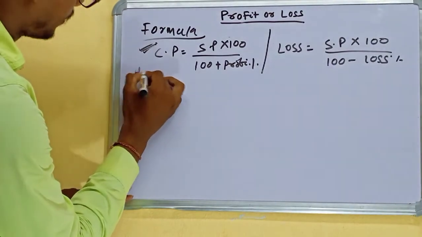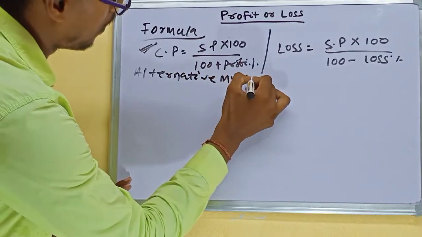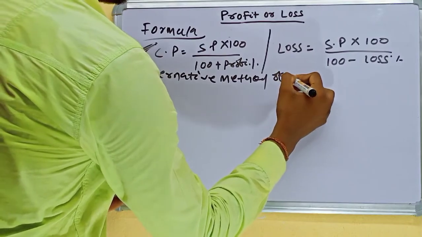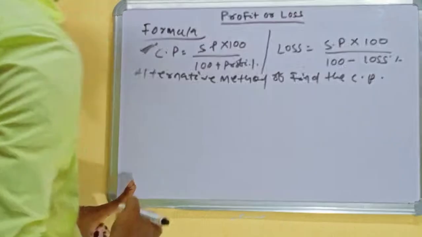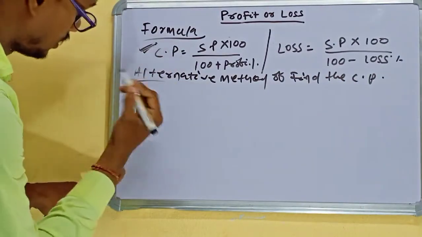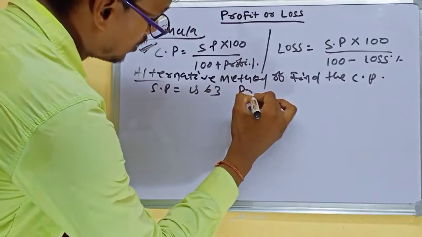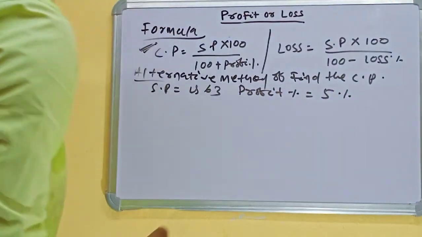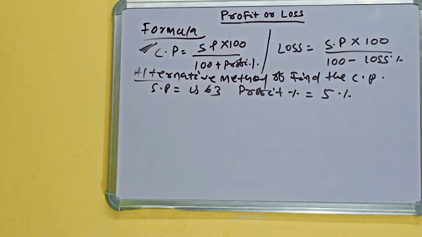Now an alternative method of finding the CP. SP is equal to rupees 63 and profit percentage is equal to 5%. Then without applying this formula, how do we find the CP?